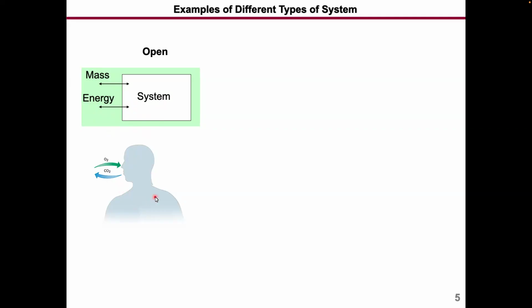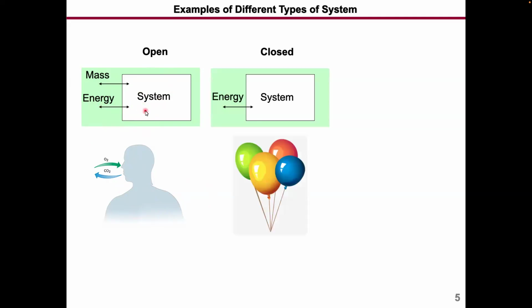And like I mentioned, body temperature is 37 degrees C, room temperature is usually 25 degrees C, so there is a thermal gradient between the system and the surroundings. So for an open system, we can allow energy transfer, okay?